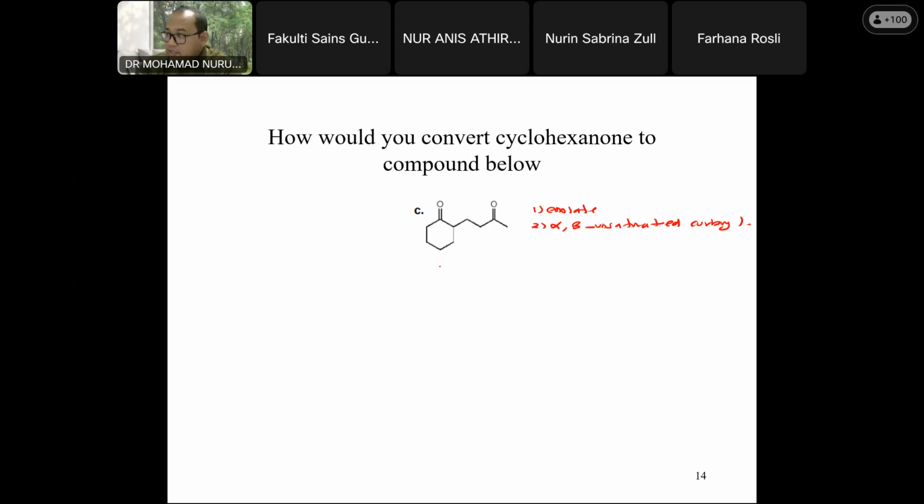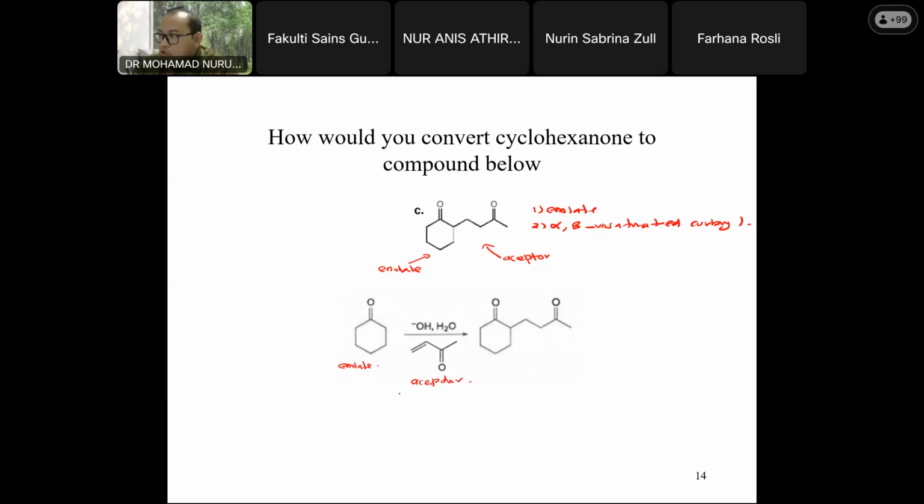Maybe this part, the cyclohexane, will be the enolate, and this one will be the acceptor. Or you can swap them, but the problem is that for this question there is only one answer. This one will be the enolate, and this one will be the acceptor.